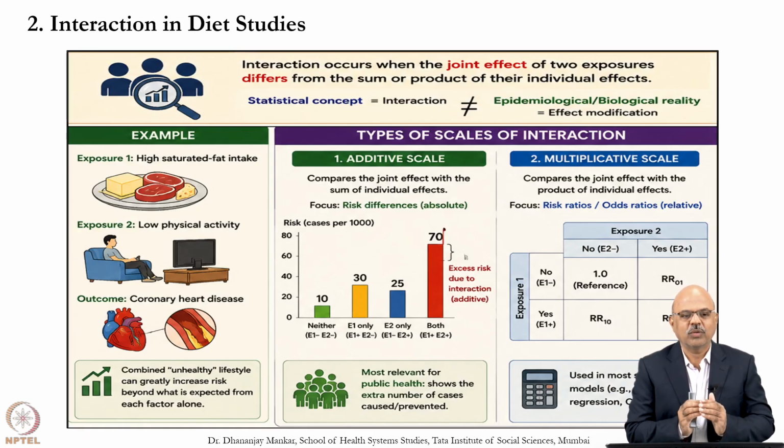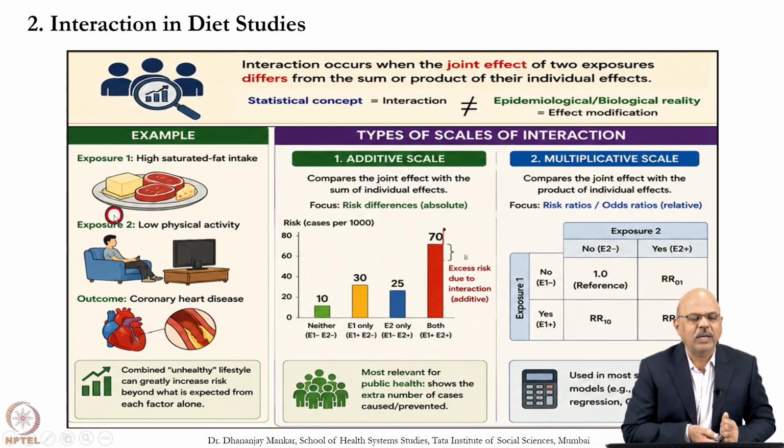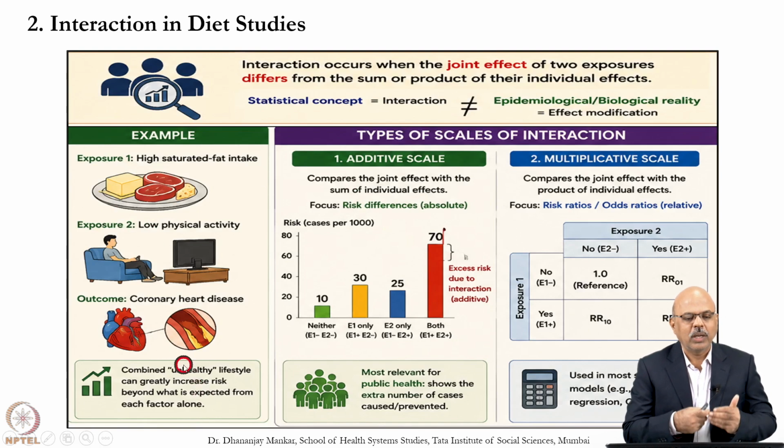The outcome is coronary heart disease. The combined unhealthy lifestyle can greatly increase the risk beyond what is expected from each factor alone. It is clearly an effect as a single factor, but when you take them combined, you may see a much greater increase in risk.